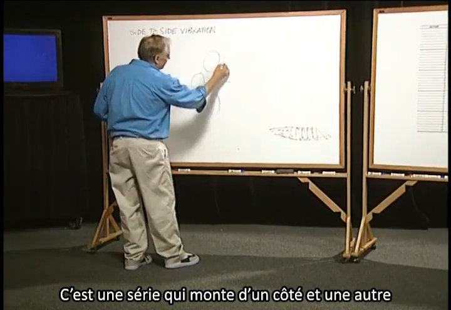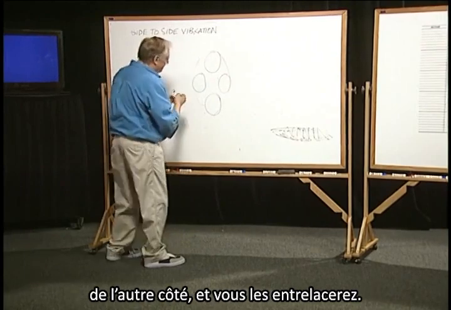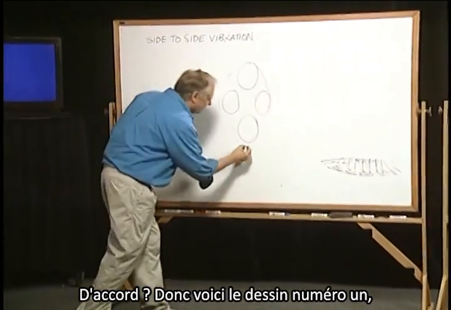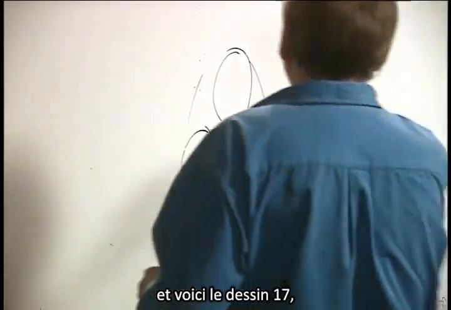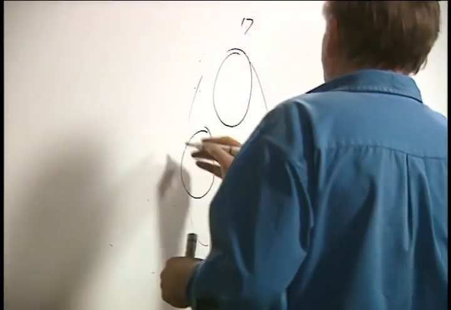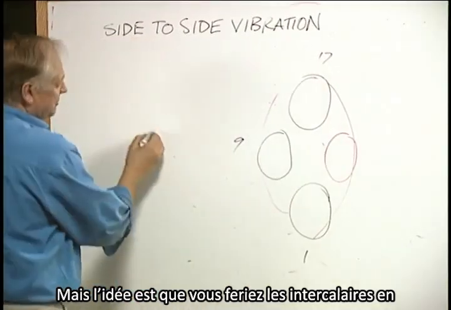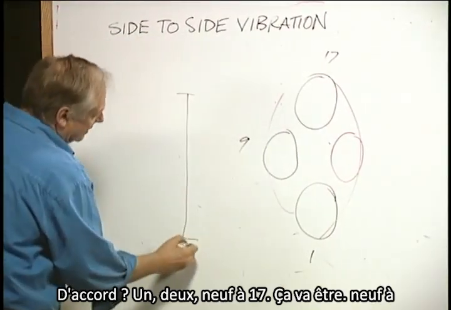That's a bunch going up that side and a bunch going up that side, and you would interleave them. So this is drawing number 1, and this is drawing 17, and that would be 9. But the idea is you would do even in-betweens going up, right?